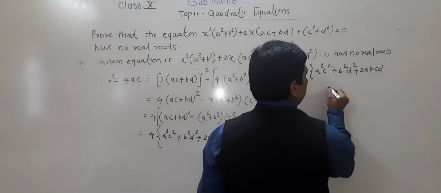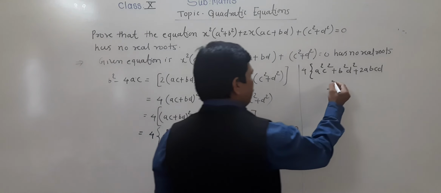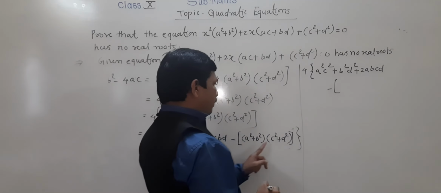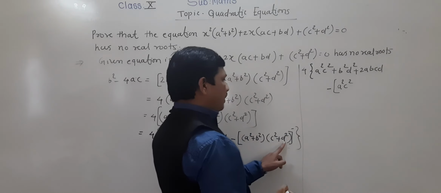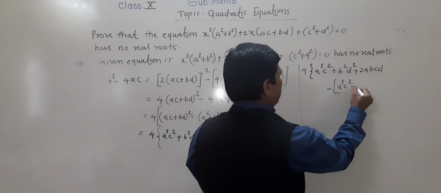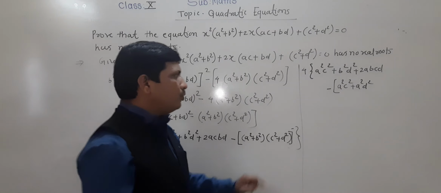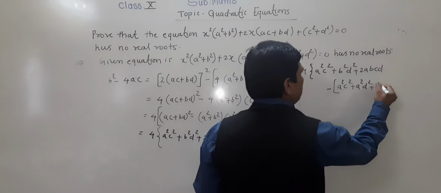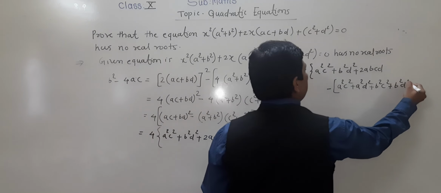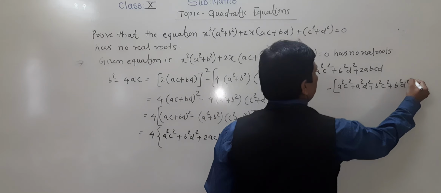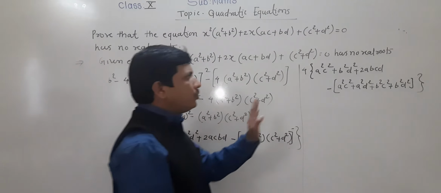Minus, that I am taking downside now, minus this product: A square into C square, A square into D square, B square into C square, plus B square into D square. Okay, bracket complete. Now we are going to change the sign.